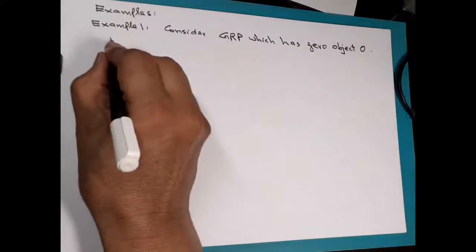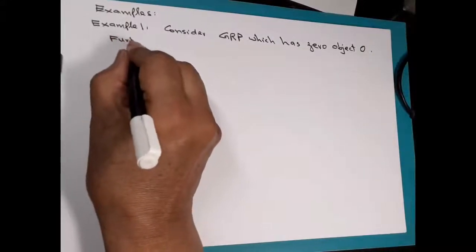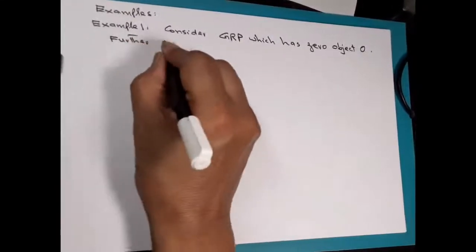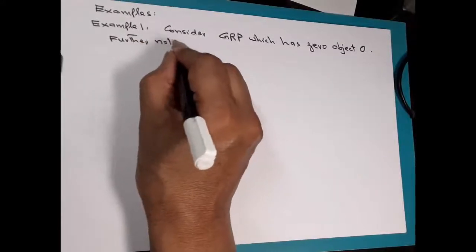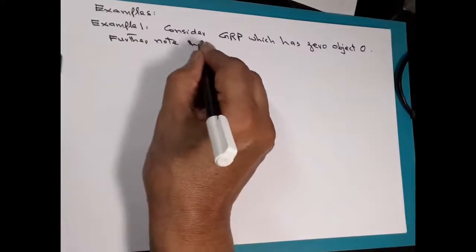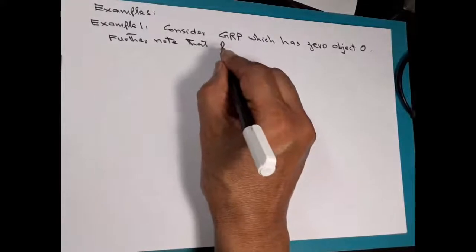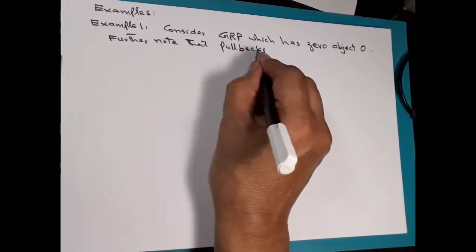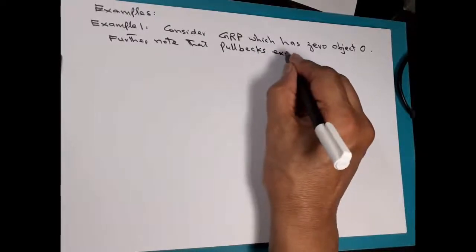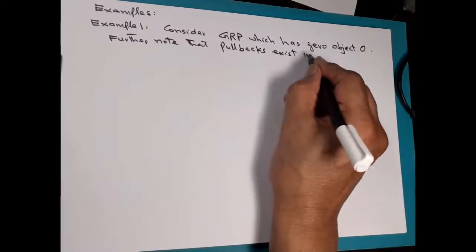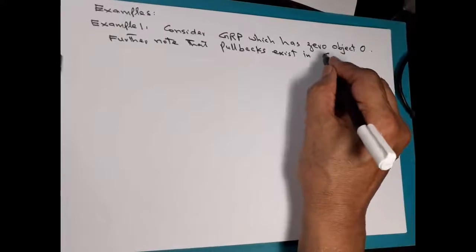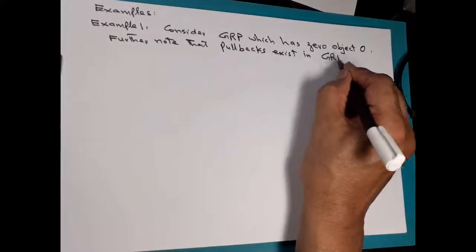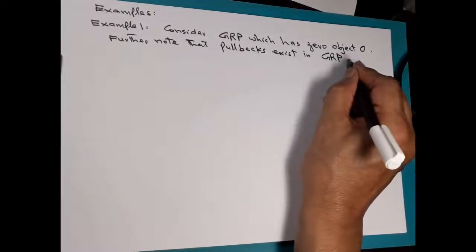Further note that pullbacks exist in this particular category of groups and group homomorphisms.